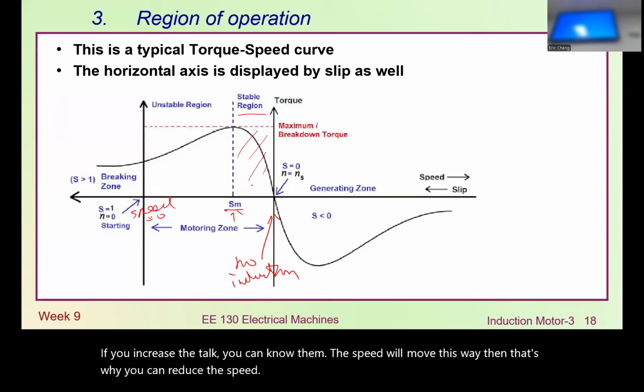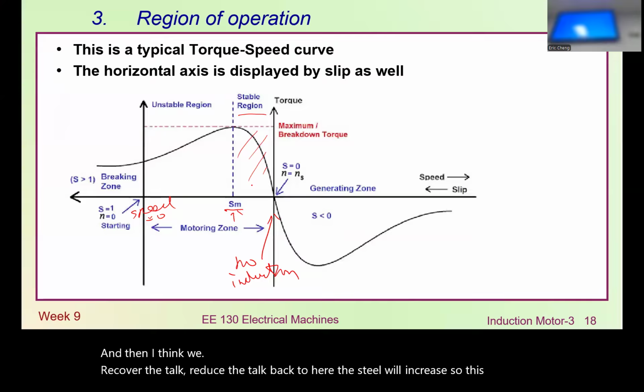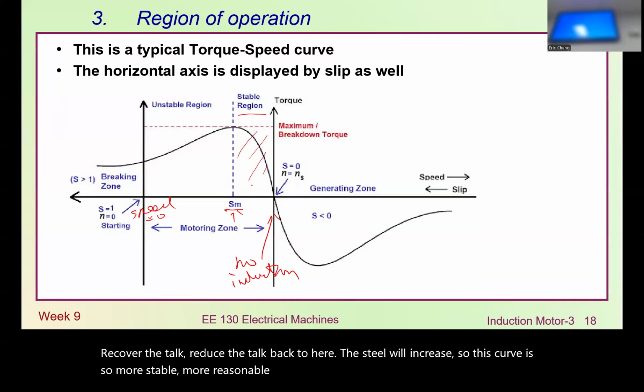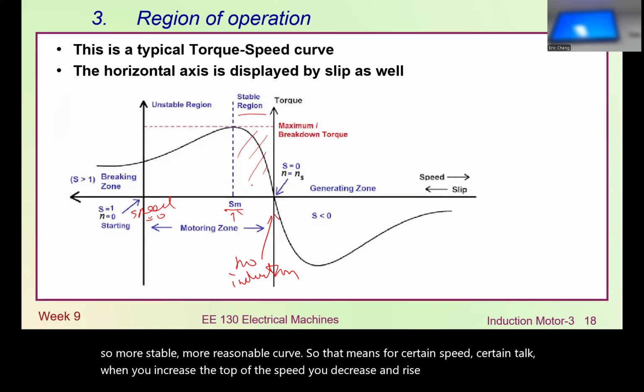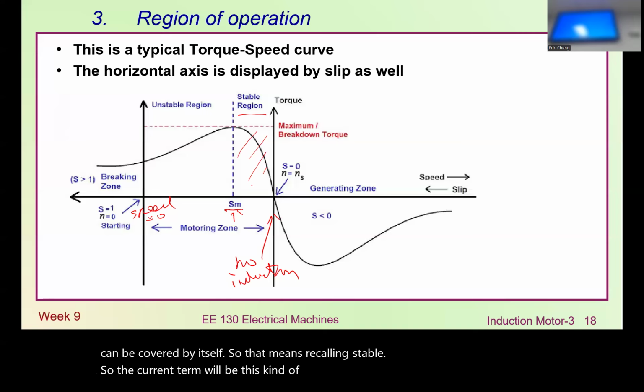And then when we reduce the torque back to here, the speed will increase. So this curve shows a more stable, more reasonable behavior. For a certain speed and certain torque, when you increase the torque, the speed will decrease, and vice versa. So the system can recover by itself, and that means we call it stable. So the curvature will have this kind of slope. You get that? Yeah. Now we go to the unstable one.